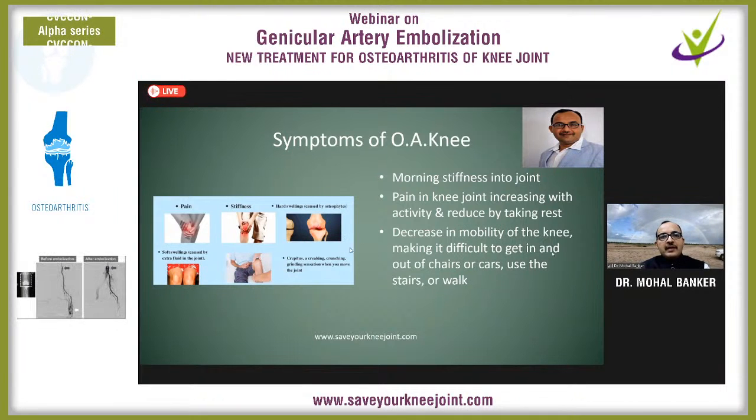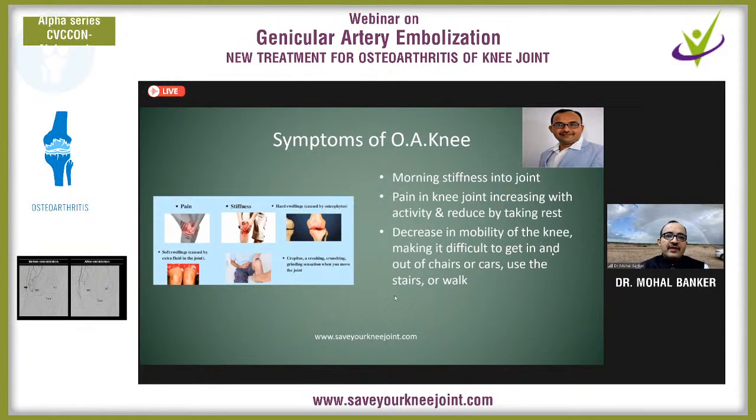Along with this pain, if a swelling develops over the knee joint, it is due to synovial effusion. Some hard swelling is due to osteophytes, and a grinding sensation also occurs while using the joint. These are all due to osteoarthritis of the knee joint. But in all patients, the dominant complaint is pain, and because of the pain there is restricted mobility.